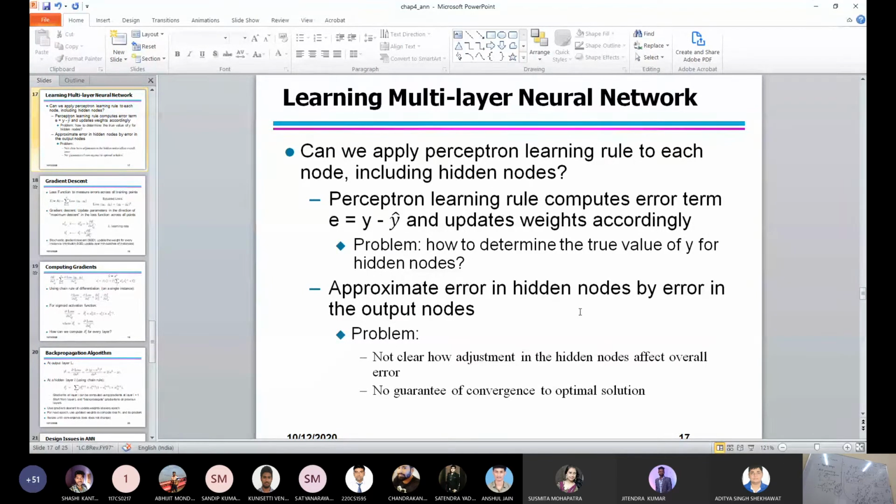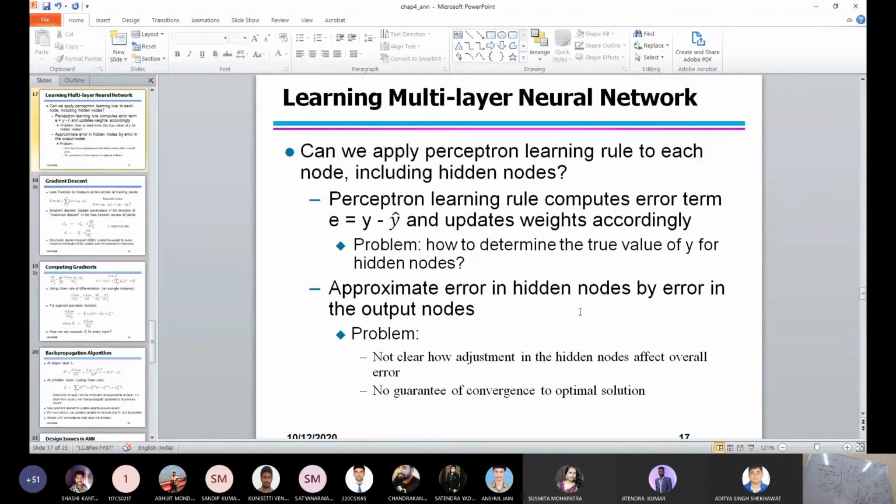So how do you divide the responsibility for the particular output? Another thing is that the problem is also compounded by the layers. With multiple layers, how much does one layer contribute to a particular error? How do you figure it out? So we have the problem.